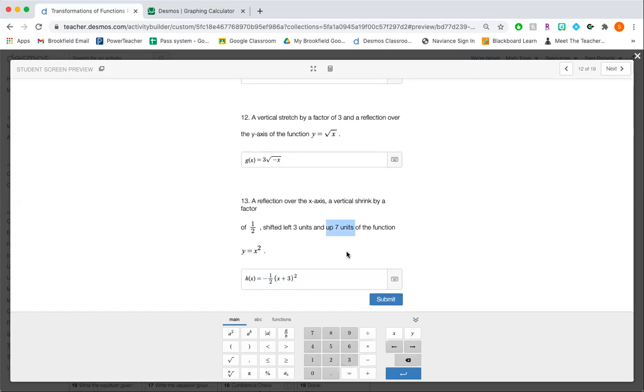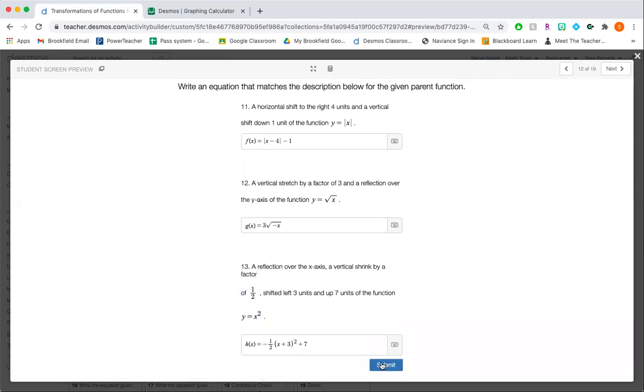And then I want to go up 7 units, so I'm going to add 7. There's a lot going on in that one, but if you take it step by step, it's not that challenging. Remember, each one of these just adds an additional piece of information onto your equation. Notice here the squared is on the outside of the +3, not on the inside.